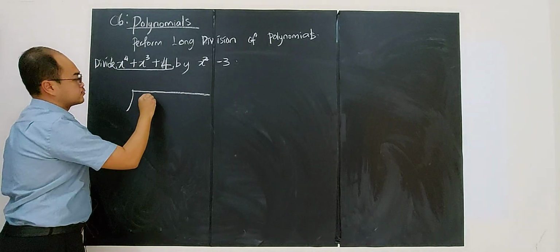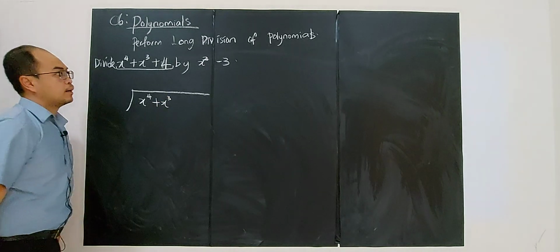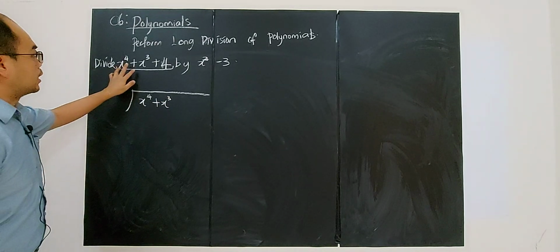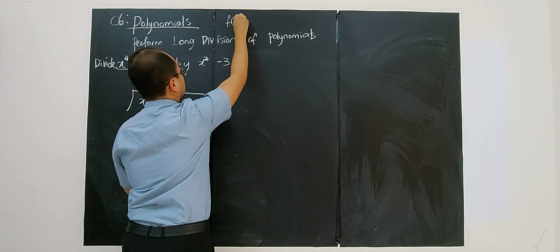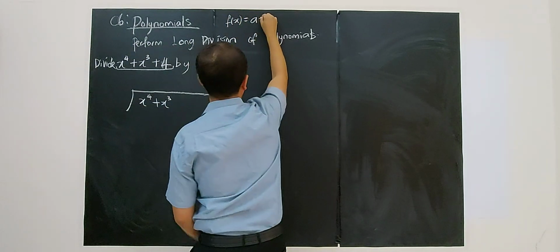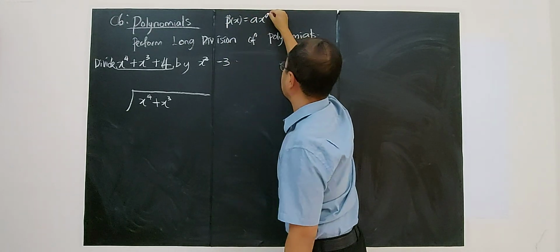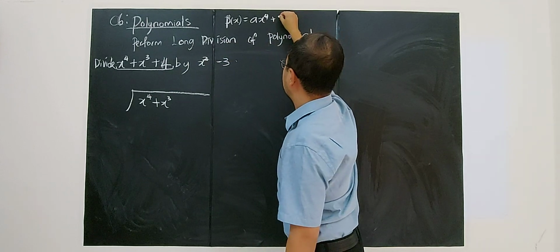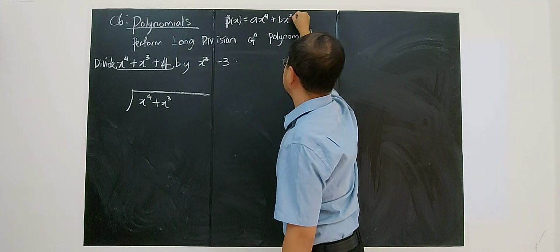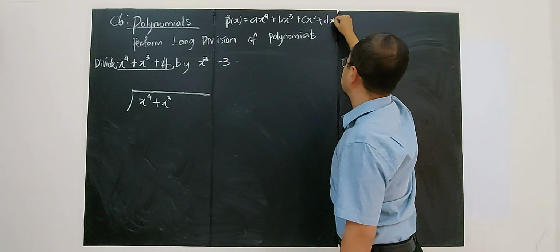So you're going to put x power 4, x cubed. But this one is special, because a polynomial of degree 4 should be followed by a x power 4, b x cubed, c x squared, d x, plus e.